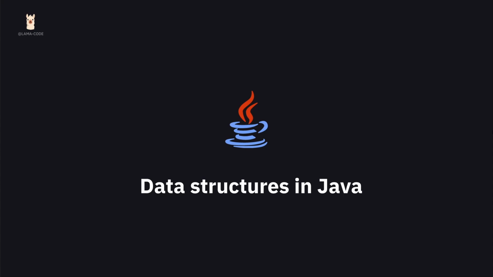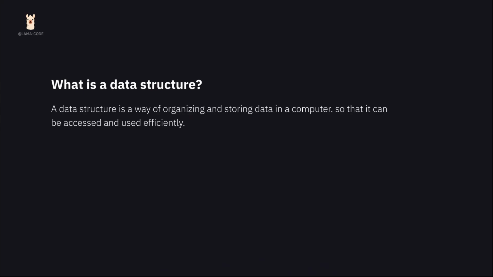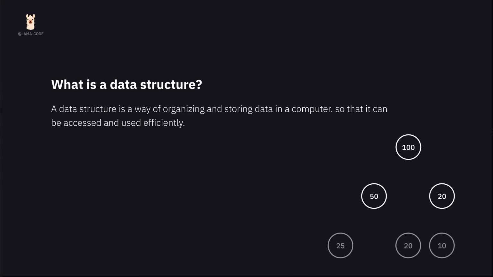So then the first thing that we have to know before we jump to an IDE and start coding is what is a data structure, what we mean by data structure. Basically, data structures are one of the most fundamental concepts in computer science. They are the ways we organize and store data so that we can efficiently perform operations on it.